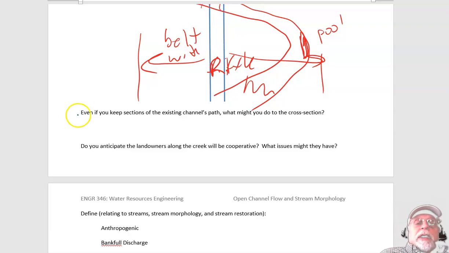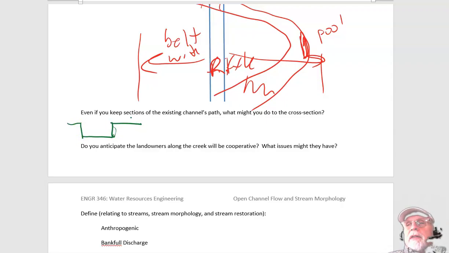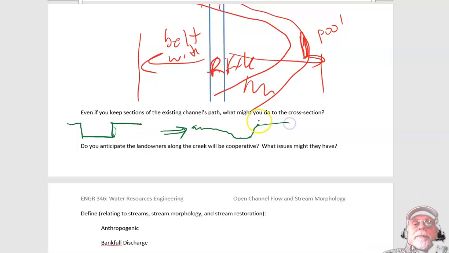So if you have a channelized channel that looks like this, and you're going to take that out of there, well, you can at least give it a little slope to one side and then up the other.